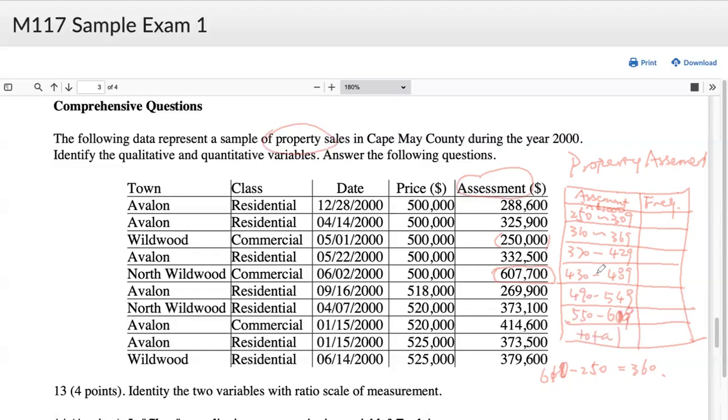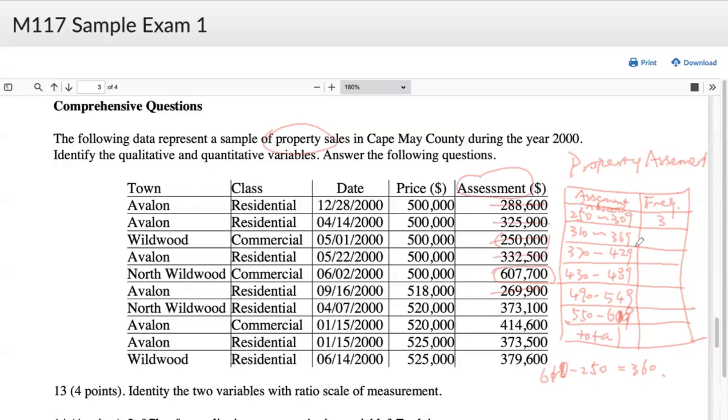Once we have these classes done, we just go back to count how many prices are in the range of 250 to 309. 1, 2, 3. So 310 to 369: 1, 2.